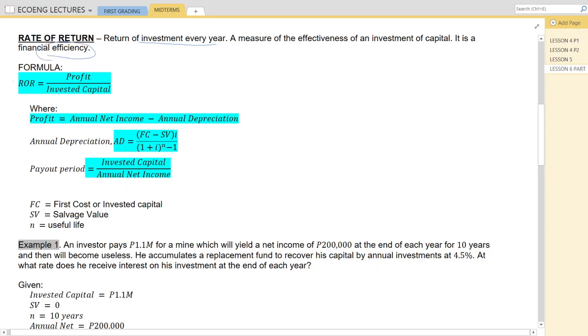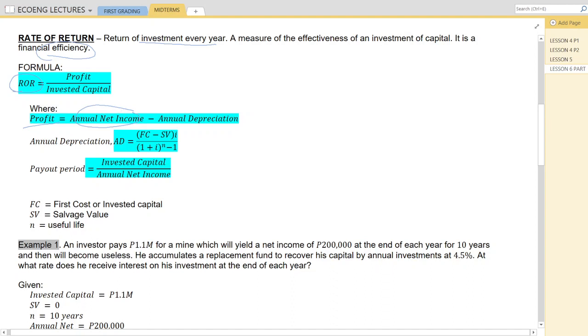For the formula, ROR, or the rate of return, is equal to the profit or the financial benefit divided by the invested capital, where profit is equal to the annual net income minus the annual depreciation. The annual net income is the amount of money earned in a year after certain deductions from the gross income.